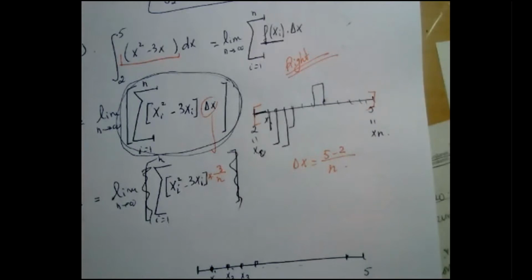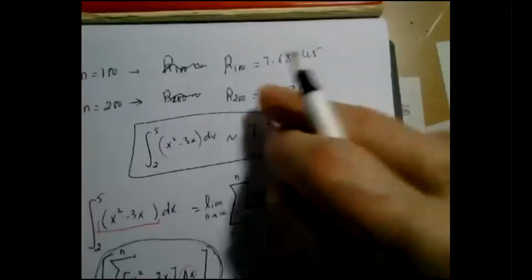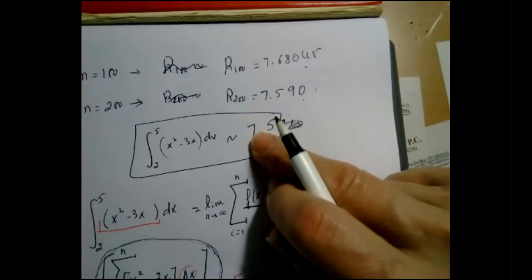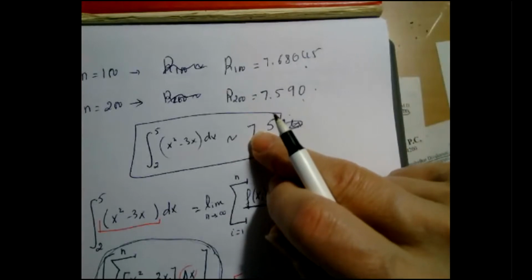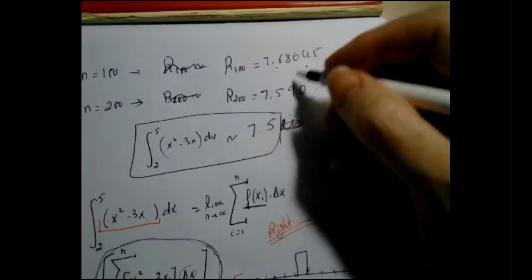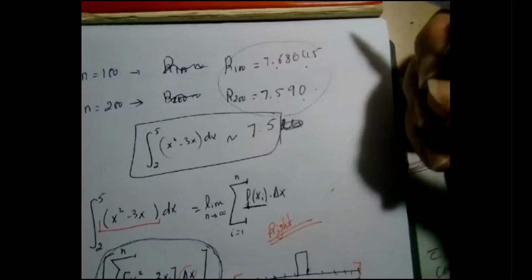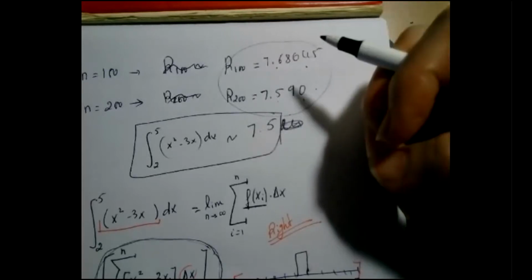It's just a way to emphasize that's the sum I care about. That's the sum I want to compute for larger and larger numbers of subdivisions and see what's happening. So I do it for 100, for 200. And when those numbers become very, very close to one another, that's where I'm going to hit the actual value of the definite integral.